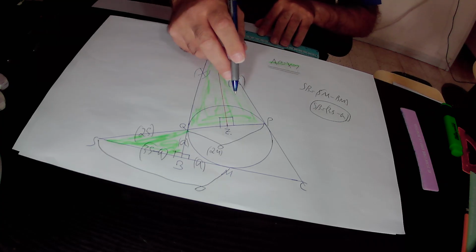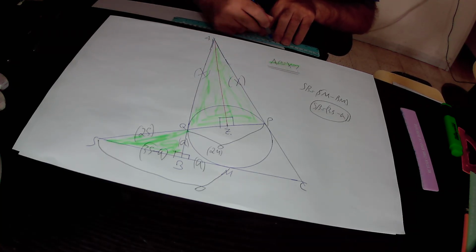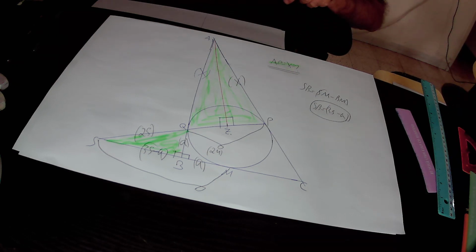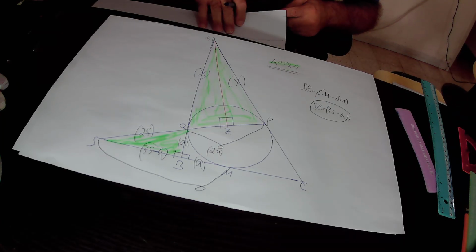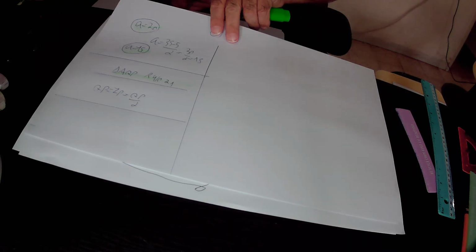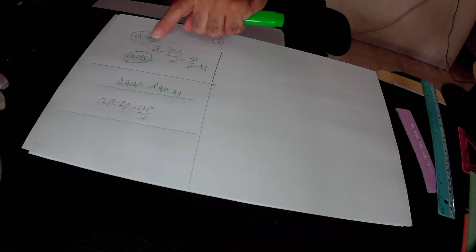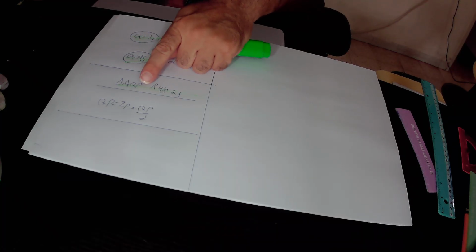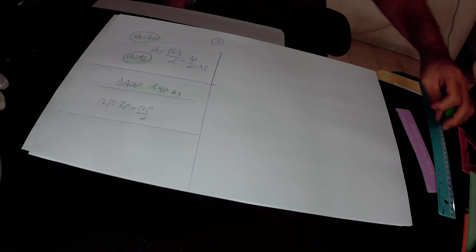So the first half QZ must be equal to the second half ZP, and each half, of course, must be equal to QP over 2, according to rule 21.